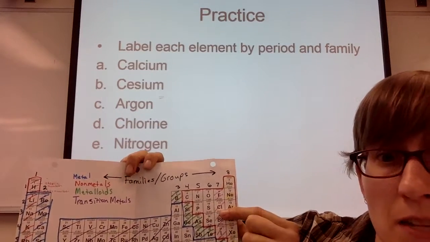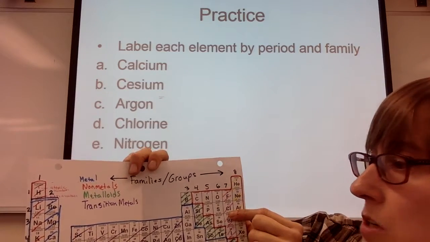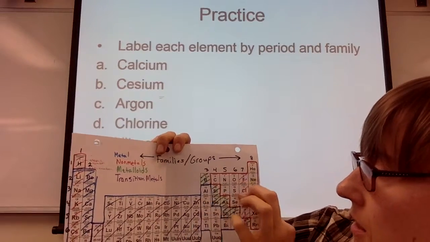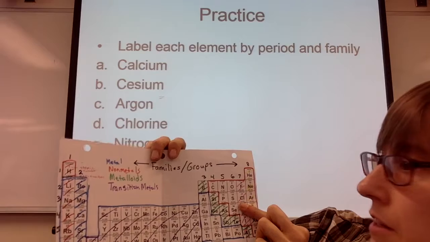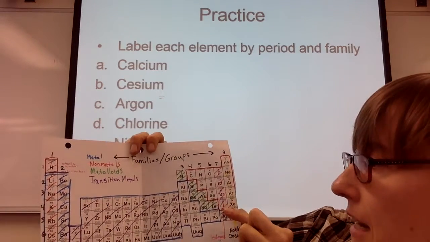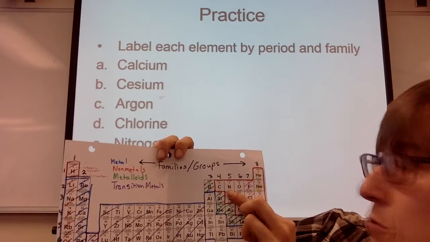Chlorine is right here. That is in family 7, group 3. Oh, I probably said that already. Nitrogen is right here. Nitrogen is family 5, group 2.